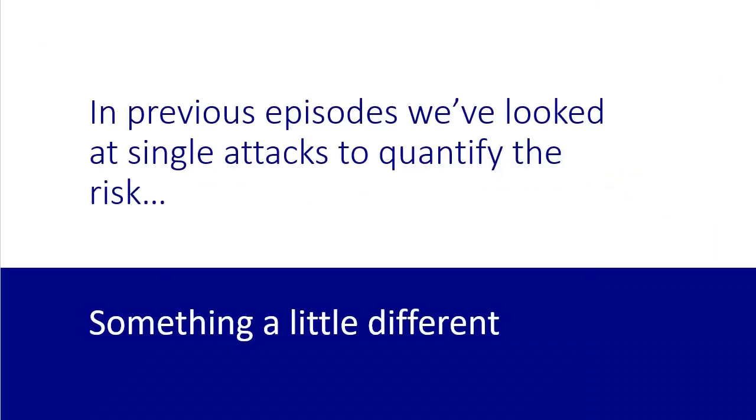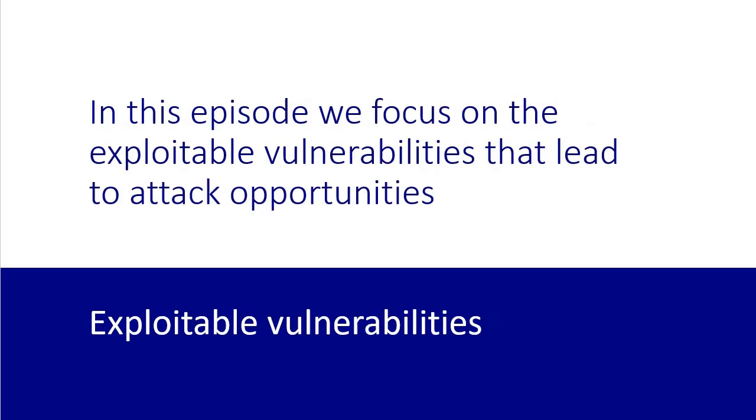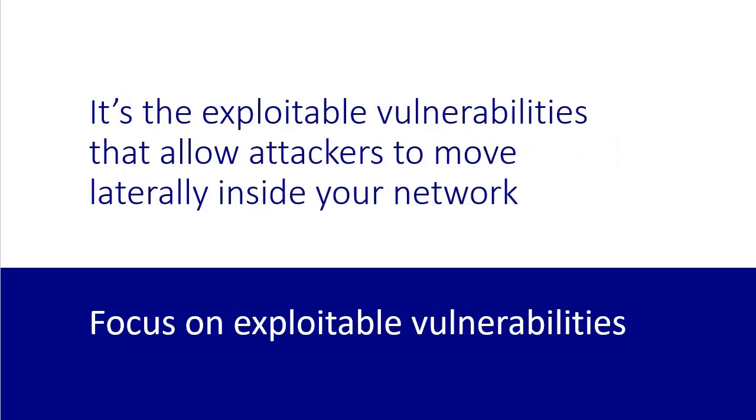When we think about attacks, there's always the underlying issues, and most of those lead back to what I call exploitable vulnerabilities. These are the kinds of vulnerabilities that attackers can leverage and do leverage. This is what allows them to move laterally inside your network.